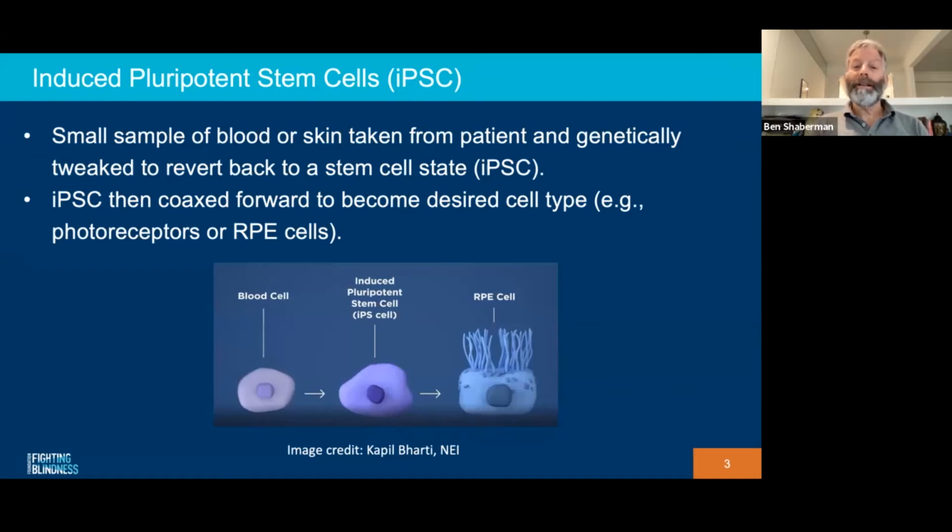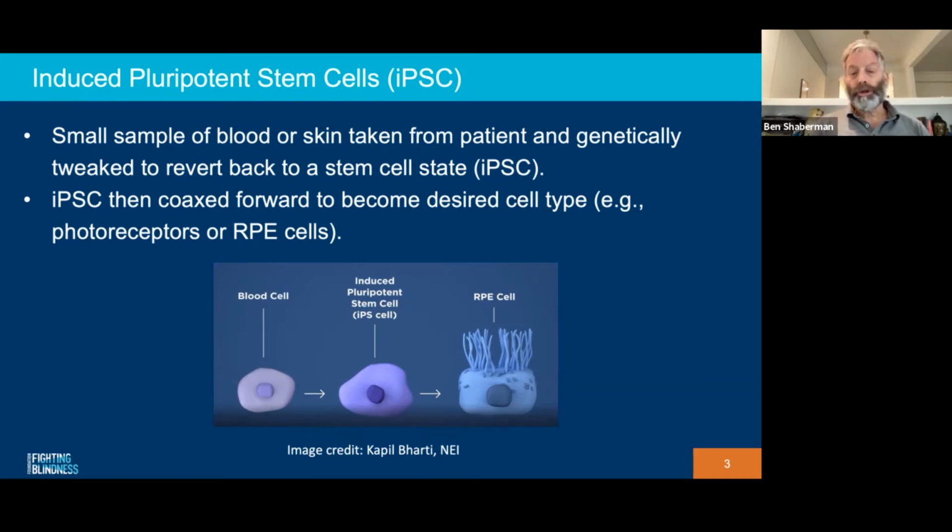So it's like turning the clock back on these blood or skin cells so they can become stem cells and then coaxed forward to become the desired cell type. In our world, again, we're most interested in photoreceptors or RPE cells. So in essence, the patient or a healthy adult donor can be the actual donor of the cells.